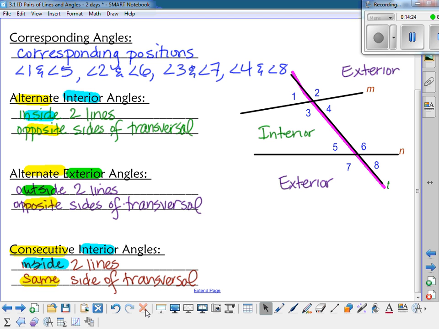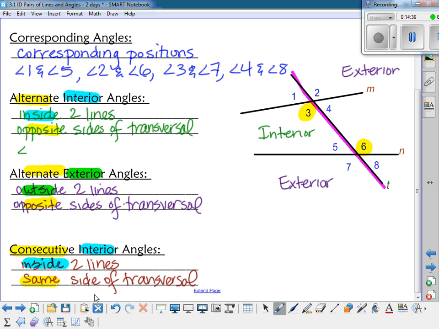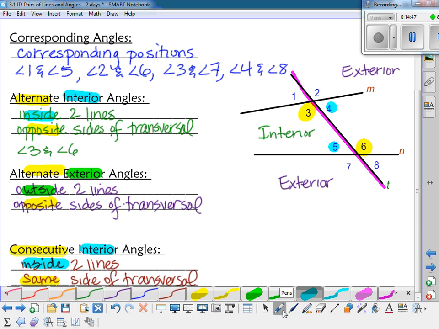Okay, so alternate interior angles, we said were inside the two lines on opposite sides of the transversal. So for instance, angle 3 and angle 6 are both inside but on opposite sides of the transversal. So angle 3 and angle 6 are alternate interior angles. Angle 4 and angle 5 are also alternate interior angles.